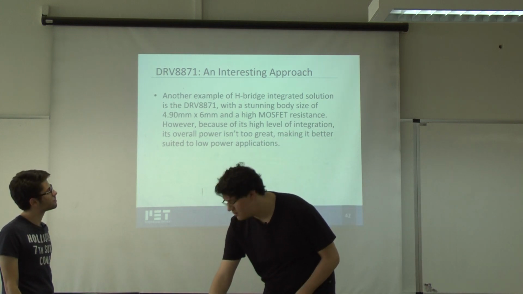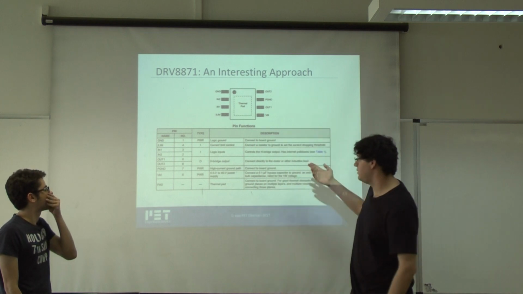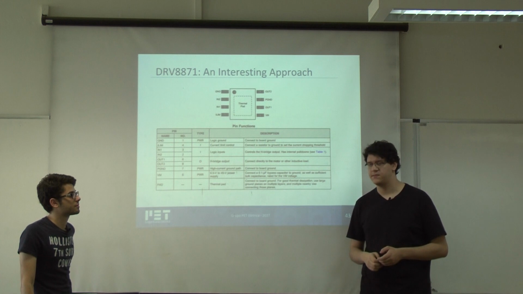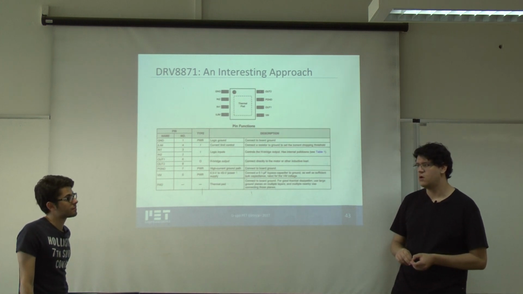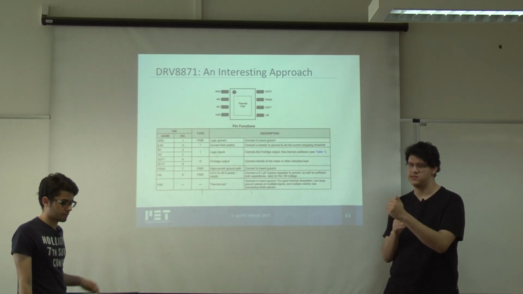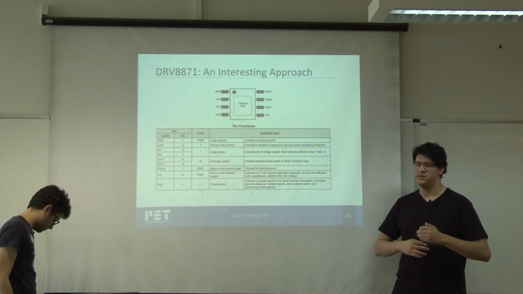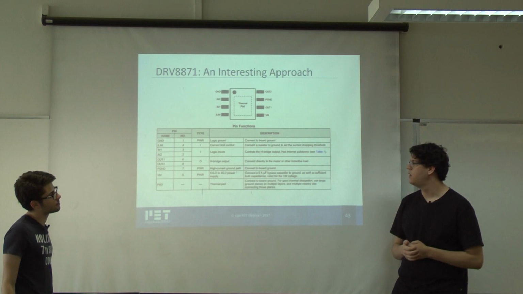So it's really small. And this IC can hold up to 3.6 amps of current. So compared to its small size, it really handles such power well.